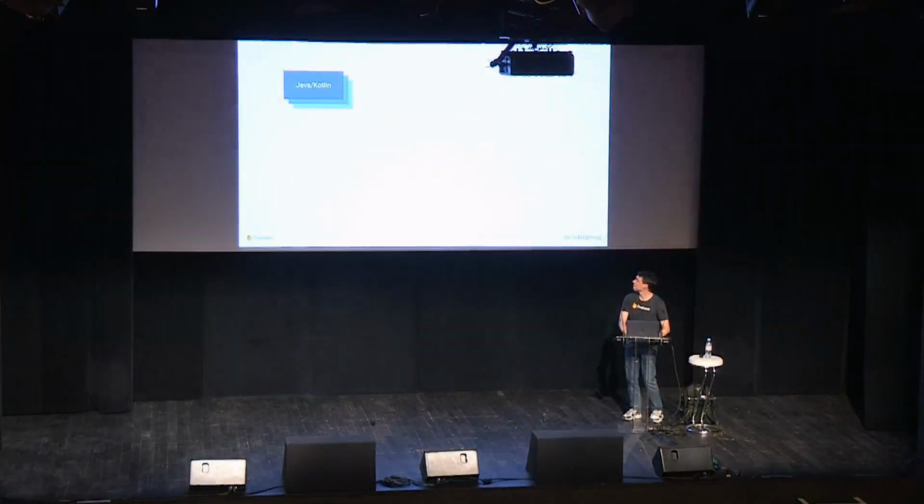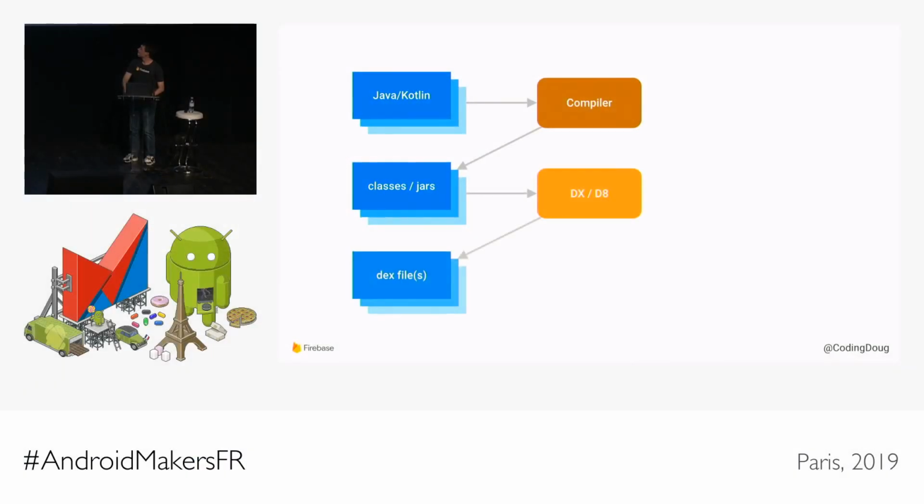If you remember this diagram, it doesn't matter if you're using DX or D8, because what we're looking at is Java or JVM class files before they get dexed at all. Now, it turns out ASM does provide tools to parse dex files, and I actually investigated that as a potential option, but I like looking at classes better only because it was easier to hook into the system, and it's also easier to test locally without being on an Android device.